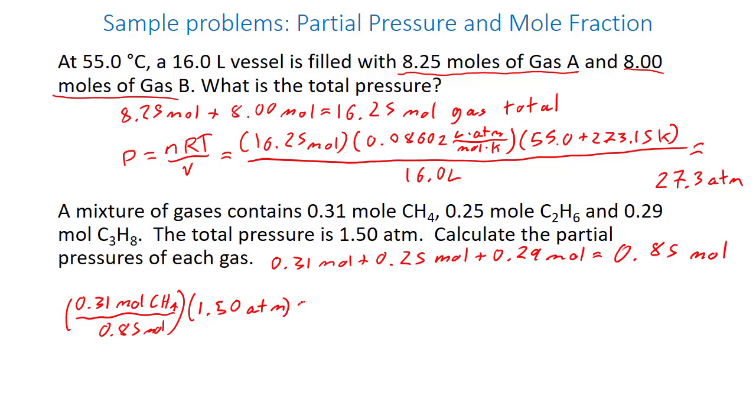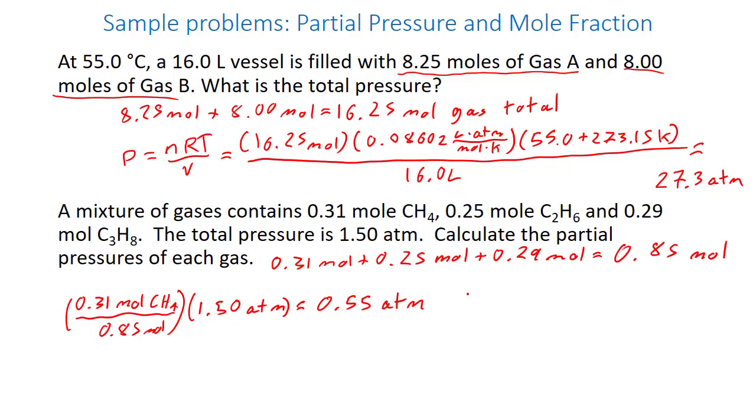And so for methane, our fraction of the total pressure is 0.55 atmospheres. And so the partial pressure, or concentration, of CH4 in this mixture is 0.55 atmospheres.